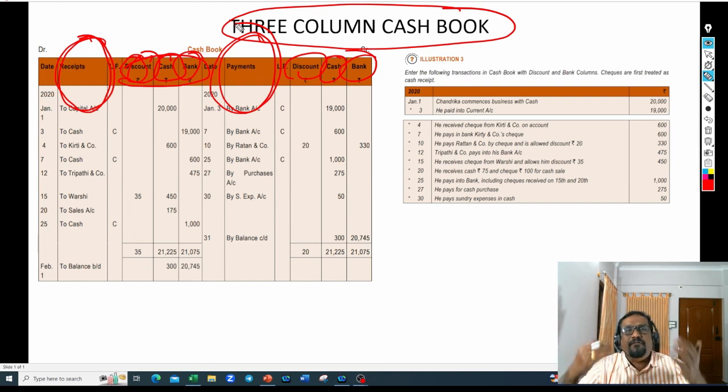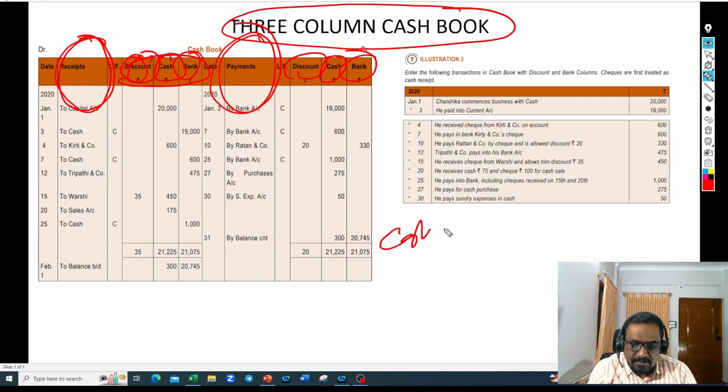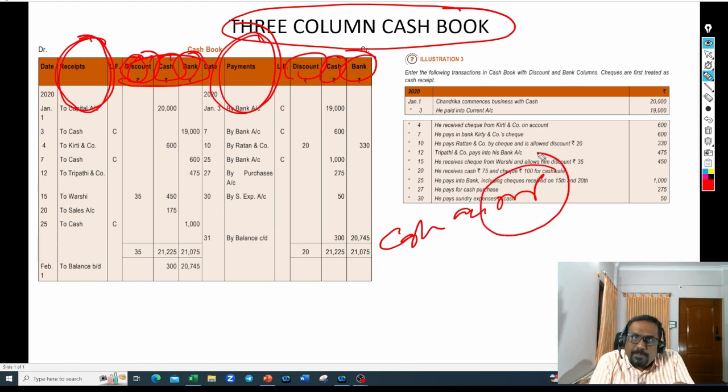Why? When I receive the cash, cash comes in, so cash account is debited. When I receive the amount, that is being debited. So the receipt side is the debit side. Why am I saying the receipt side is the debit side? When I receive the cash, what comes in is debited.